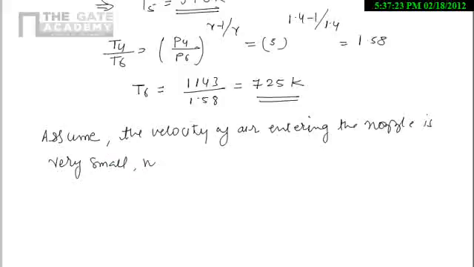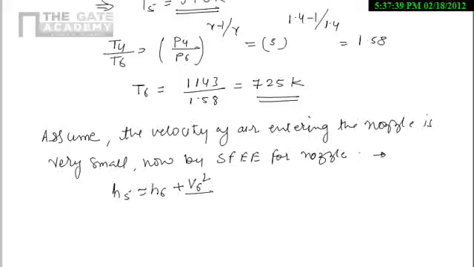So now by the steady flow energy equation for the nozzle, I can write H5 equals H6 plus V6 square by 2, by neglecting the velocity of air entering the nozzle.